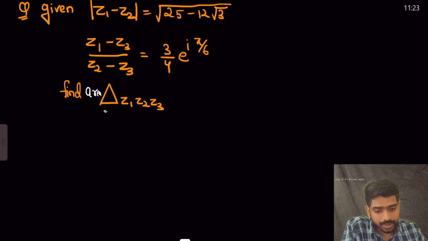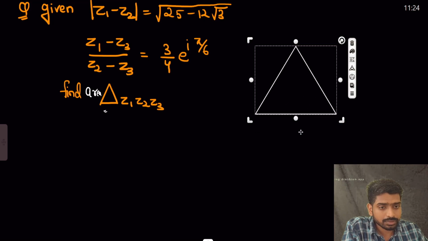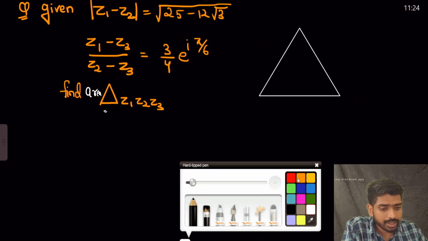So here, first we'll draw a rough sketch. A triangle is there. In this triangle, the vertices they gave are Z1, Z2 and Z3, right?